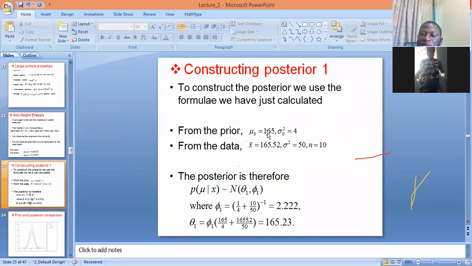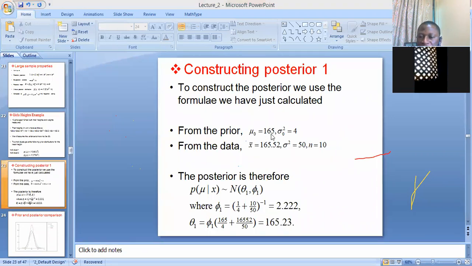So this person gave you her prior height to be 165, and the variance is 4. Then you went ahead and collected your data, and realized that the mean height is 165.52, and the variance is 50 on 10 data points.